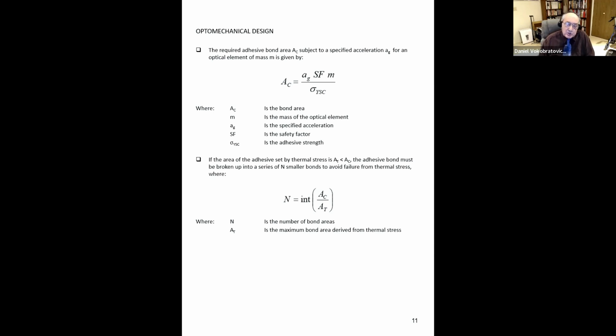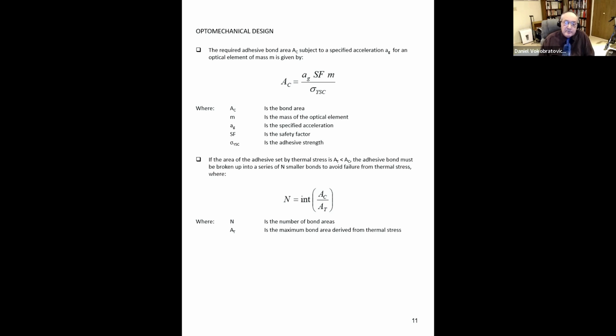So typically what you'll do is say, okay, the maximum bond area I can tolerate without having excessive stress is this number. You will divide that into the total bond area, and that will tell you the number of bonds you need. We call these small bond areas spot bonds. Now, as I've mentioned, the bond area is influenced by the thermal coefficients of expansion of the materials.